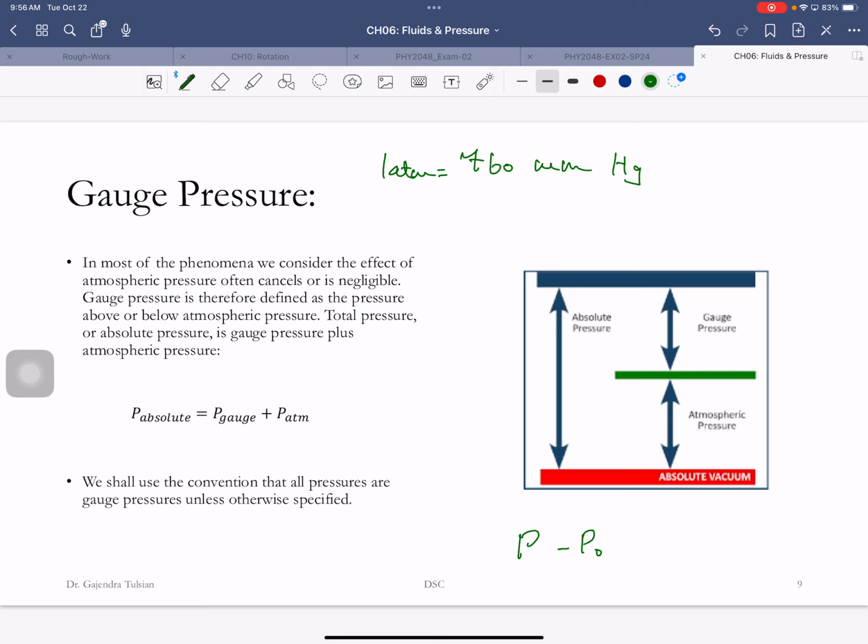So when you say your pressure is 120 millimeters of mercury, this is what is being measured. So the actual pressure of the blood is P equal to P naught plus 120 millimeters of mercury. And P naught is 760, so the actual pressure is 760 plus 120 equal to 880 millimeters of mercury.